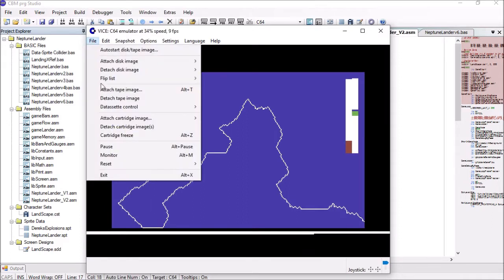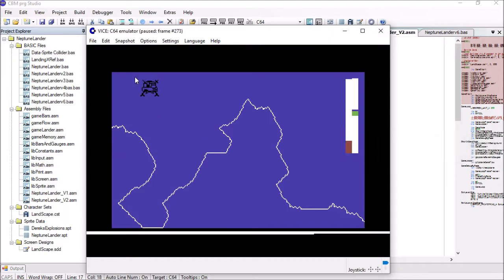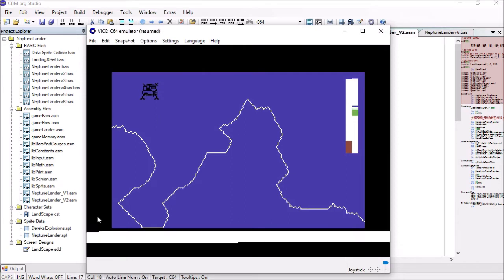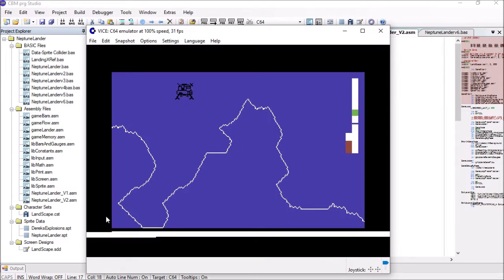Right, I'm going to pause it. Now, if you remember, the lunar lander would only go to about here, I think it is. Hang on, let me restart it. I don't think I've got debug on. Hang on.